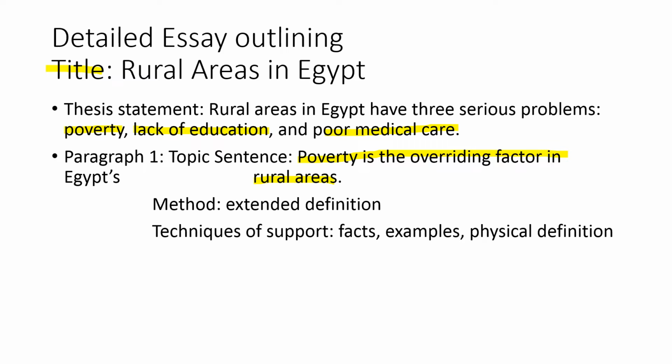And you remember, this topic sentence relates to an idea in the thesis statement. What is the method of development? It is extended definition. You are going to define poverty. And what are the techniques of support? You can give facts, you can give examples, you can give physical description.